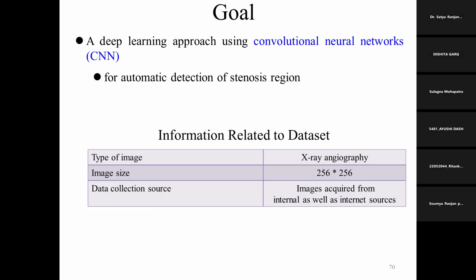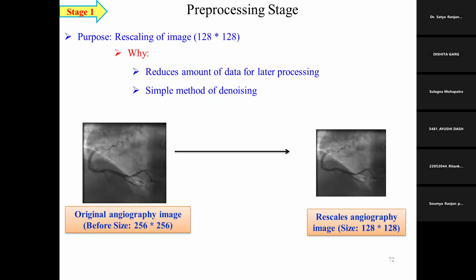For this, the paper also goes for some kind of image analysis. What they have done is some pre-processing. In the pre-processing, they rescale the image from 256 by 256 down to 128 by 128. Why? They reduce the amount of data for later processing, and it is a simple method of denoising.